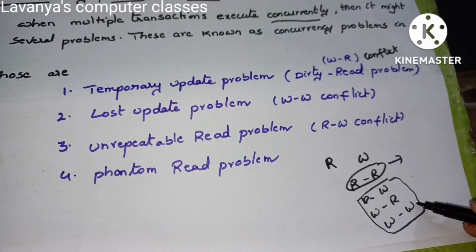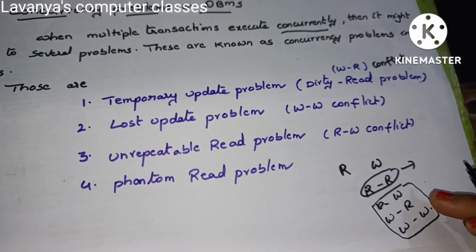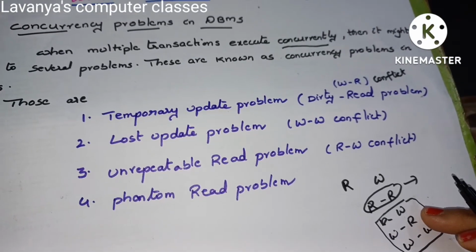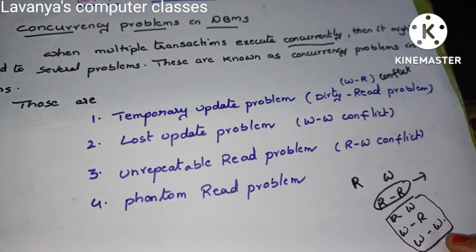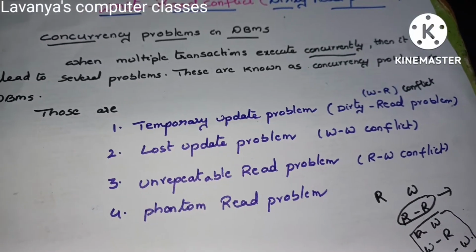Whenever you get WW conflict, that is known as the last update problem. Whenever you get WR, write-read, it is known as the dirty read problem or temporary update problem. Whenever you face read-write, it is known as the unrepeatable read problem.